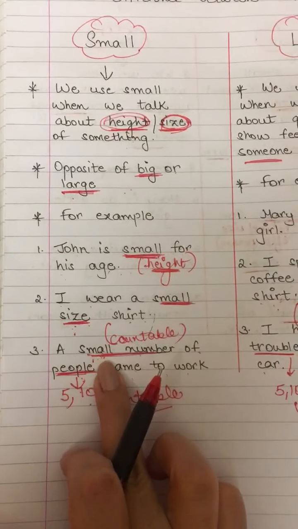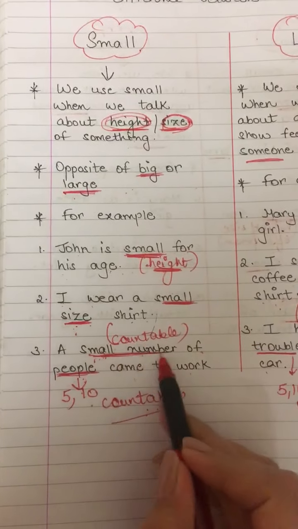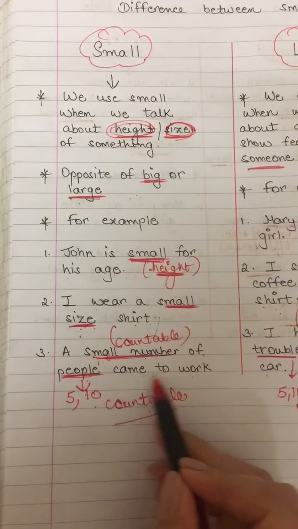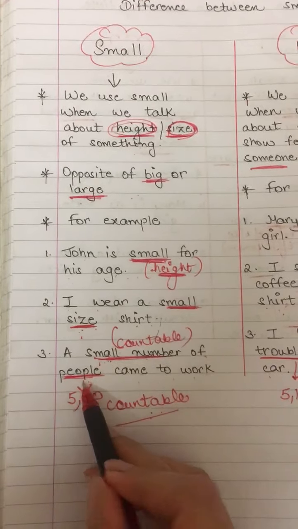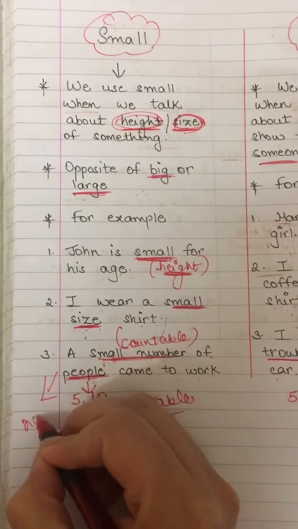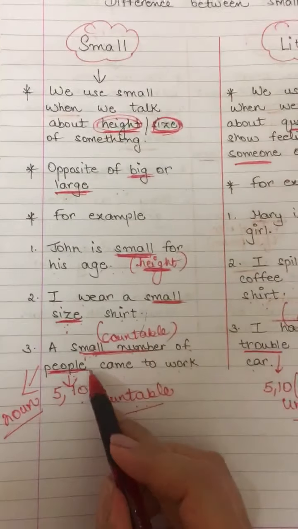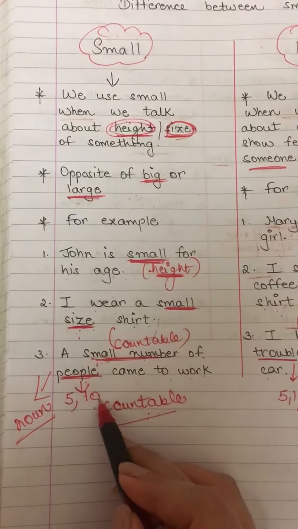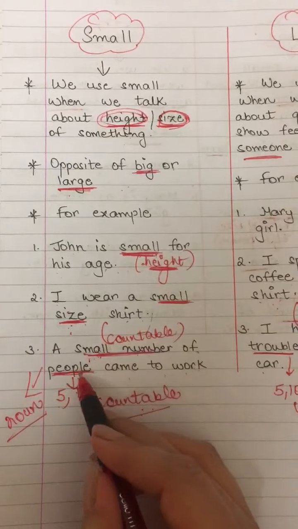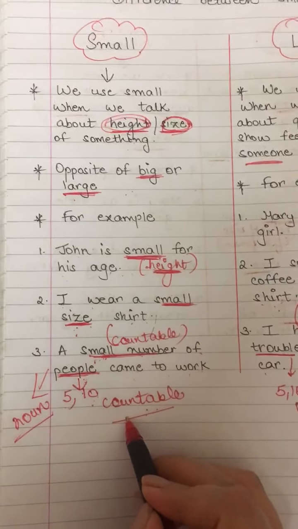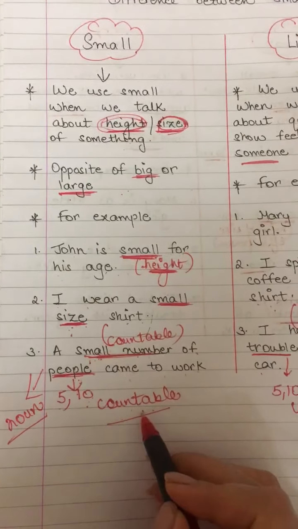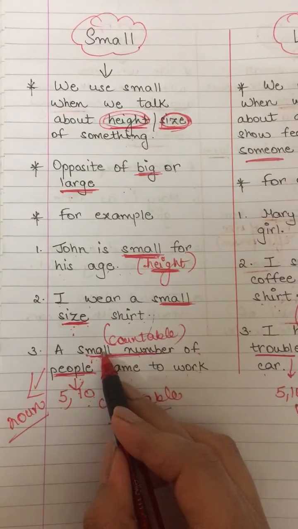Understood? Now see the third example. A small number of people came to work. So people is a noun. We can count them, 5 people, 10 people. So the nouns which we can count are countable nouns. So with countable nouns we use small.